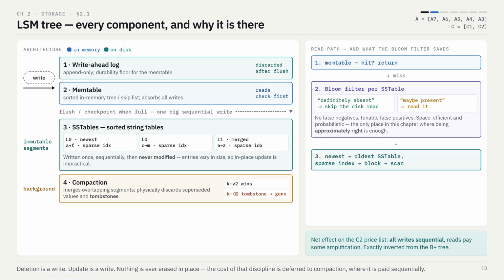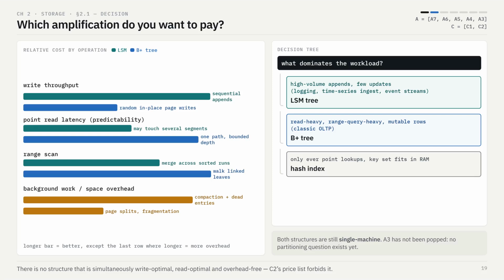The cost of that discipline is deferred to compaction, where it is paid sequentially on the cheap side of the hierarchy. So let's put the two ordered structures side by side, because this is a decision you will actually make. On write throughput, the LSM tree wins: sequential appends versus the B+ tree's random in-place page writes.